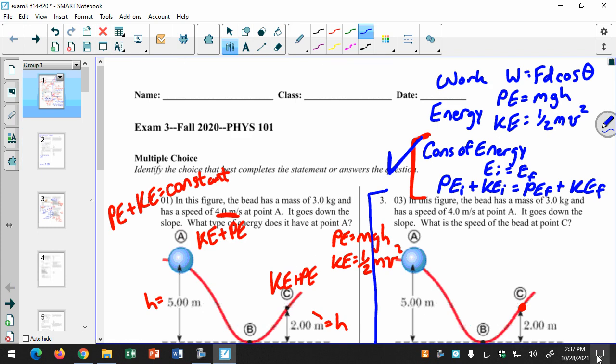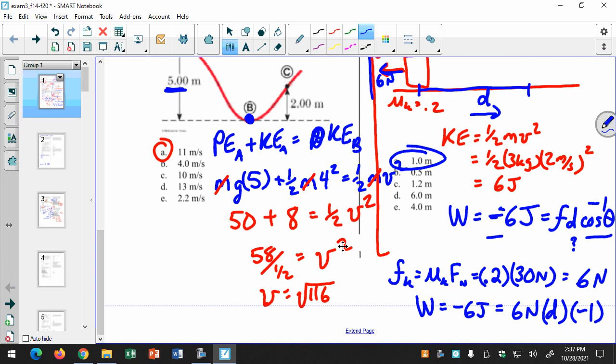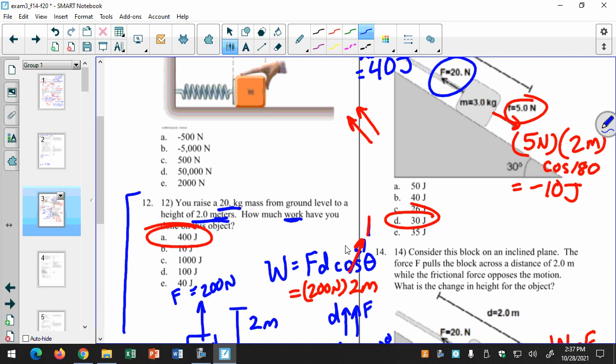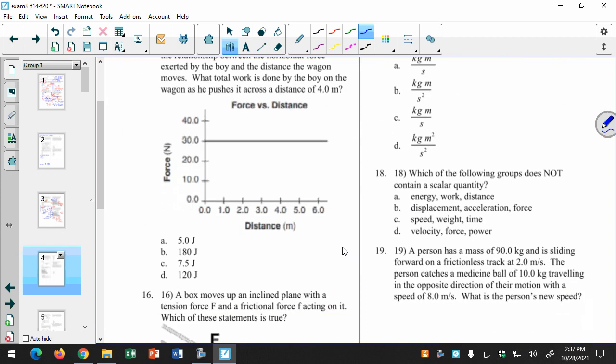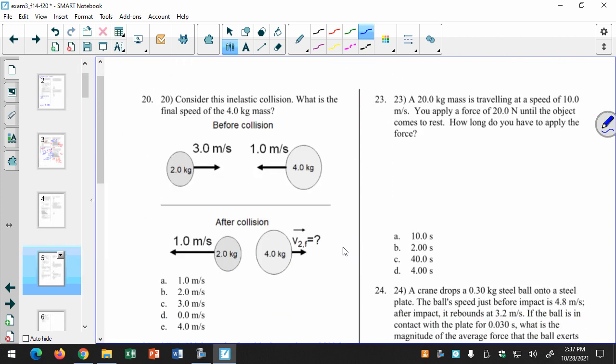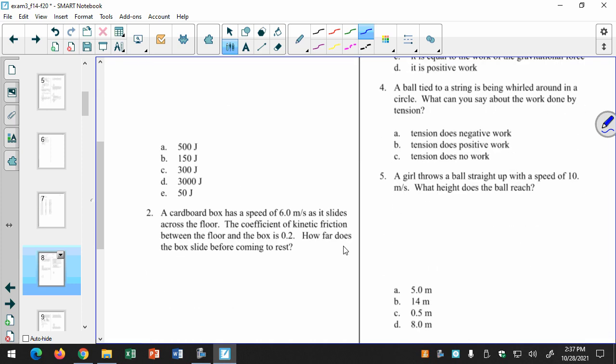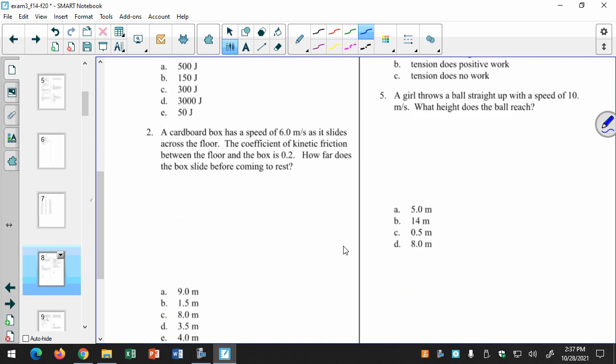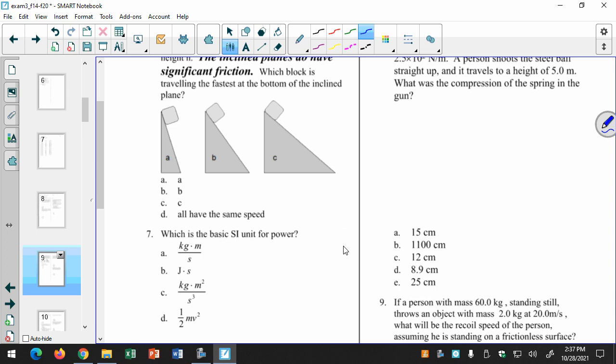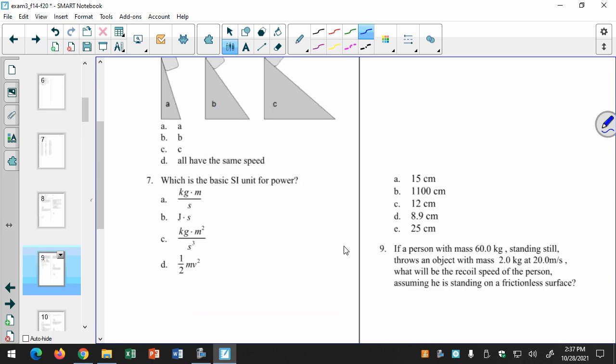Let's skip that one. Here's one of these where I'm asking for the basic SI unit for power.